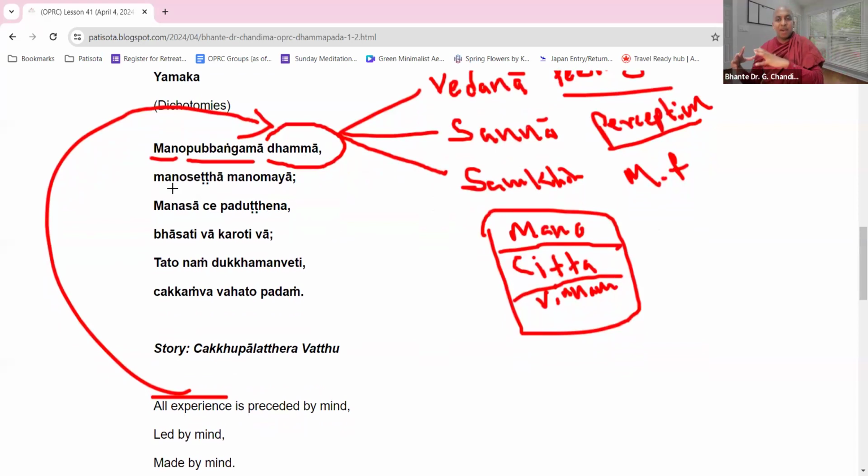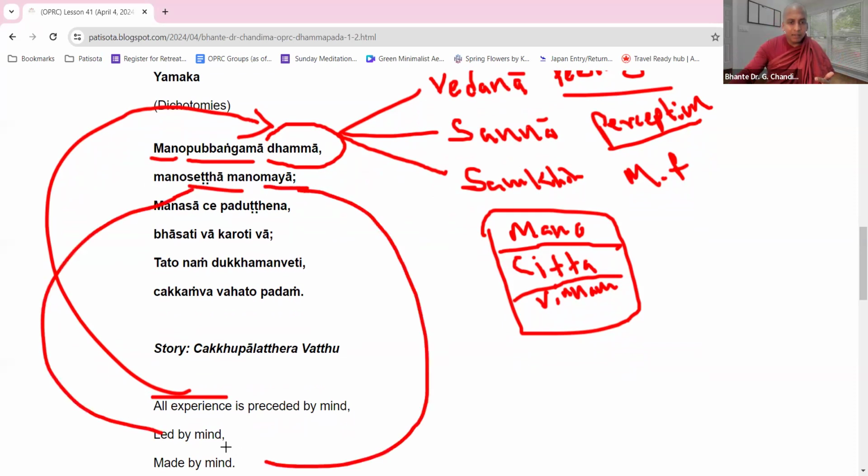That means the mind is leading them on to different things, kusala or akusala, punya or papa. Manomaya, they are made by the mind. Maya means made. Setta means led.